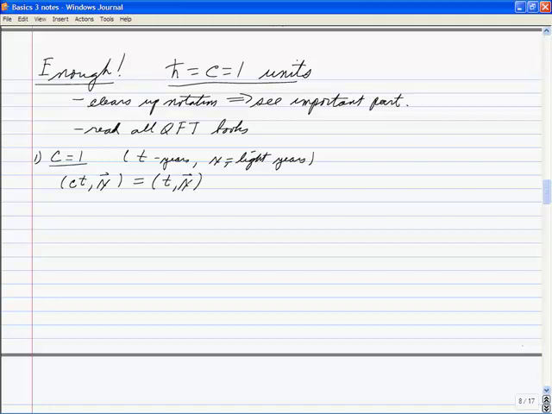They carry the same units. The consequence of this is also that the energy, which normally in relativity goes like the square root of p squared c squared plus m squared c to the 4th, just turns into the square root of p squared plus m squared.